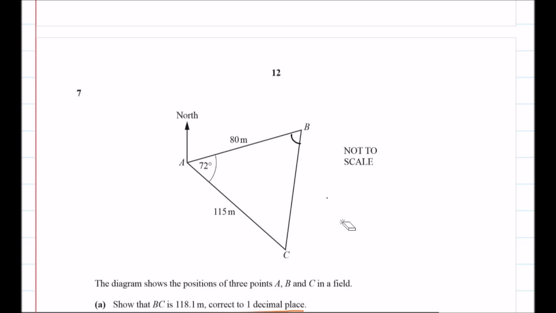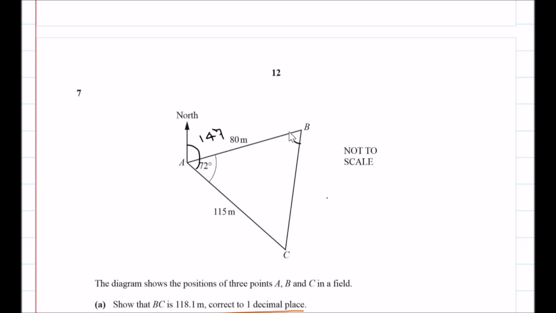Here it says the bearing of C from A is 147. So 147 is this angle from here to here. Okay. Find the bearing of A from B. This is 147.